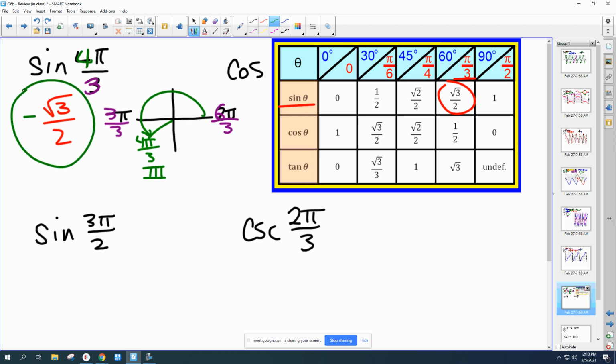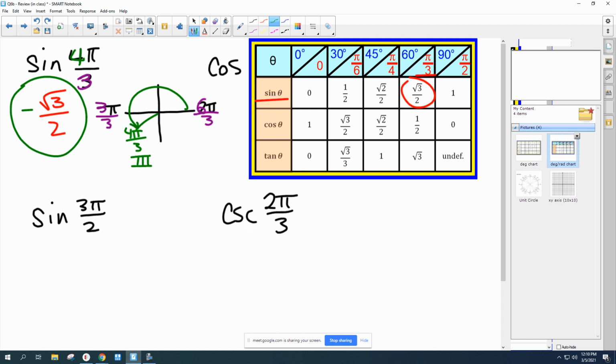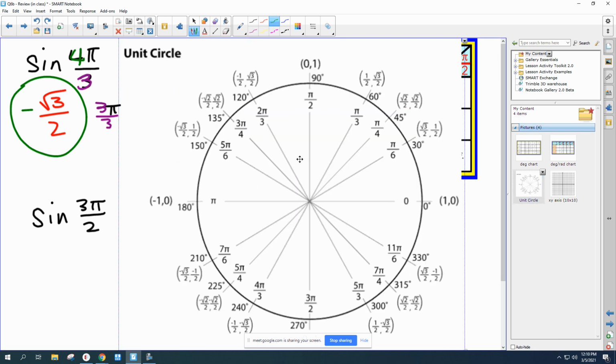So, what did I just find? What is that answer? It's important that you know that if you're going to understand this question. That's the y coordinate. It's really hard to understand without looking back at the unit circle. So what this question really says is, give me the y coordinate at this angle.